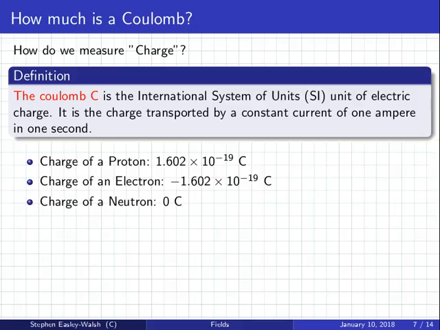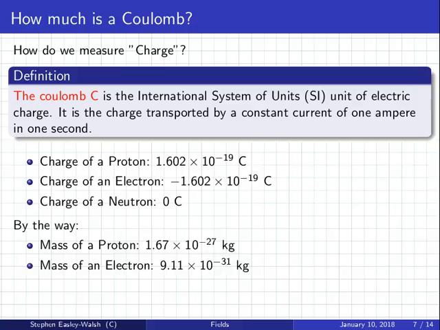Now, by the way, the mass of a proton, which you'll need for some of the questions, have you done this in chemistry? No? The mass of a proton is obviously quite small, and so for the electron and the neutron as well. Can you note these values, please?